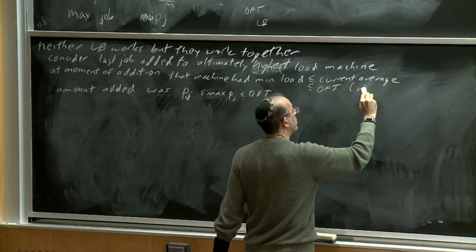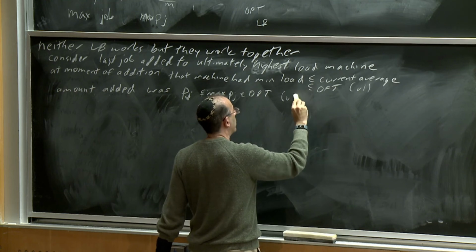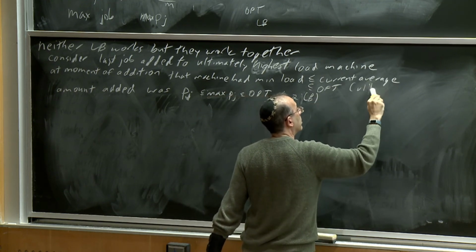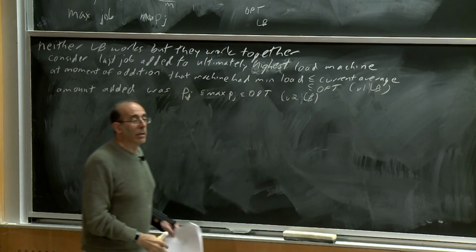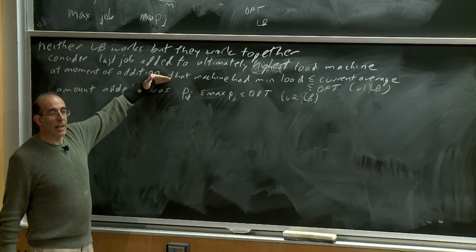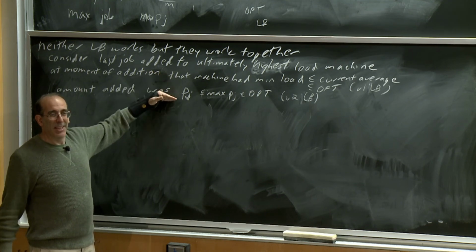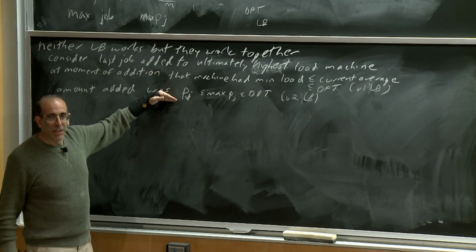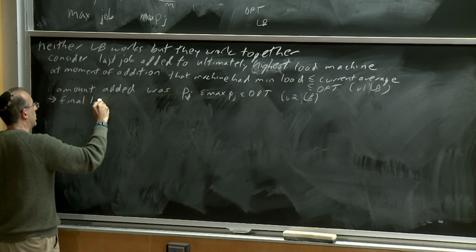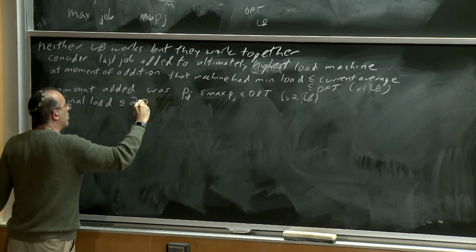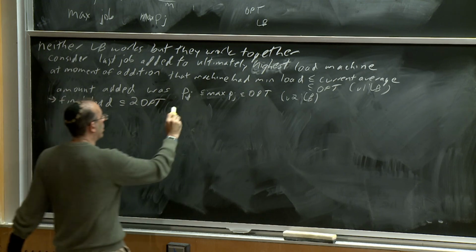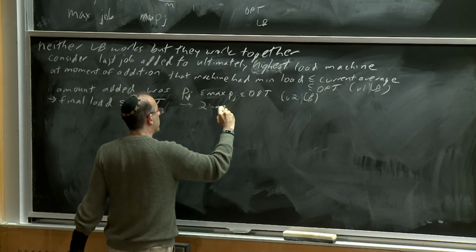This is our first lower bound, and this is our second lower bound. Right? So the step that determined max took a machine that had less than opt on it, and it added less than opt work. Therefore, the final load is at most 2 opt. And therefore, Graham's rule is a 2 approximation.